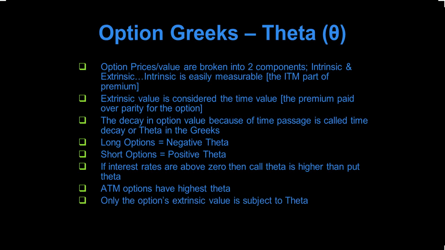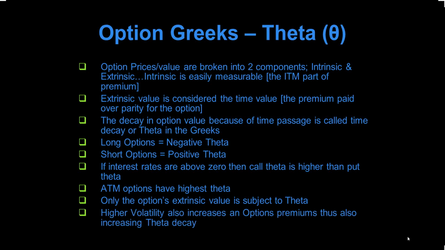Only an option's extrinsic value is subject to theta. Remember I told you that before. Same thing with volatility. Higher volatility also increases an option's premiums. Thus, if they increase the time premium, you've got more that you can decay.